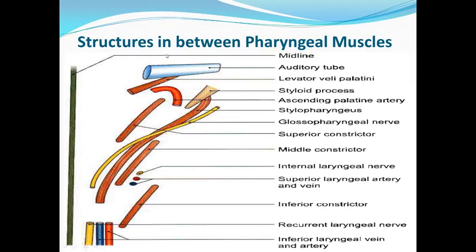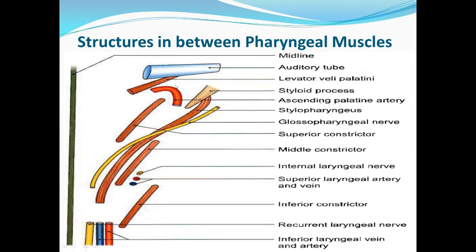In between the base of the skull and the superior constrictor is the largest gap, which is called the sinus of Morgagni. This is the sinus of Morgagni where I am moving my cursor right now.